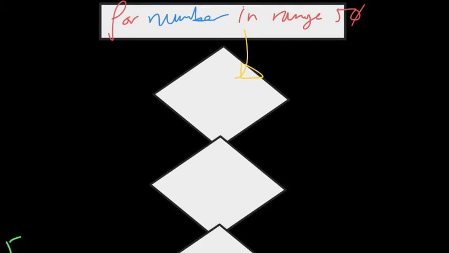So in almost plain English, we might be able to say something like this: for number in range of 50, let's just count up to 50 to start with, we want to see if some conditions are going to be met. So these diamonds usually denote some conditions.